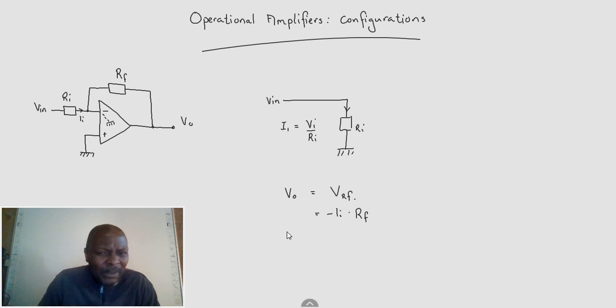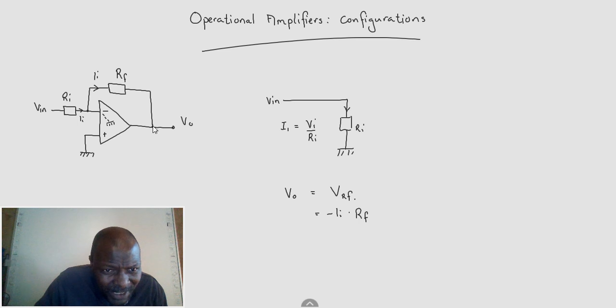Now, why I in and RF? It's because that guy is massive, by design it should be infinite. It's mega ohms. If you have such a value, literally the whole current is rejected, meaning that I in is rejected and is sent through RF.